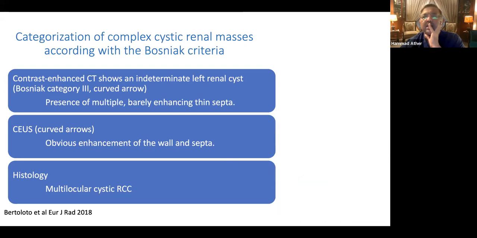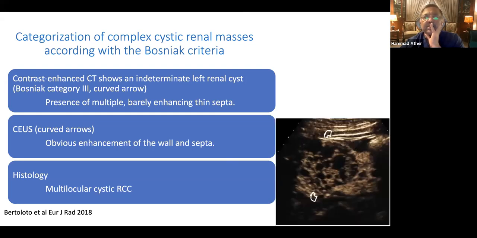The contrast enhanced ultrasound essentially showed obvious enhancement of the wall and septa, as you can see with the arrows. The histology revealed that it is a multilocular cystic renal cell carcinoma.